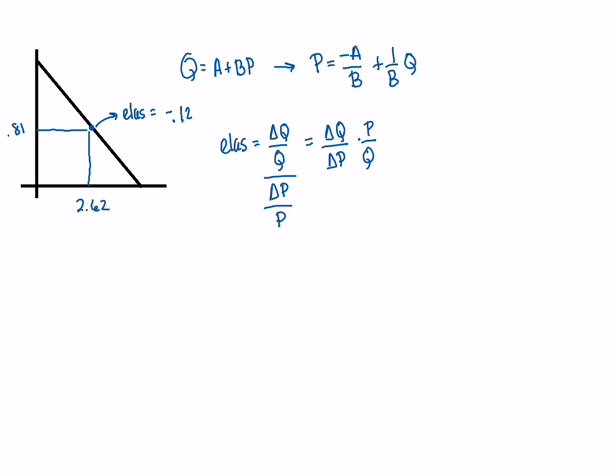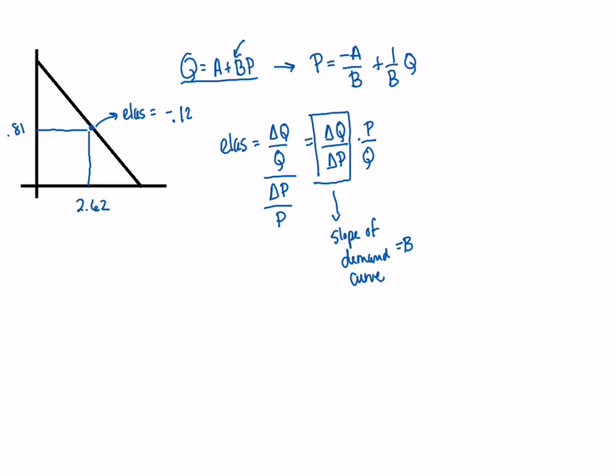This first term here, change in quantity over change in price, is the same as the slope of the demand curve, because the slope of the demand curve tells us what the change in quantity is for a given change in price. So that's our B term.